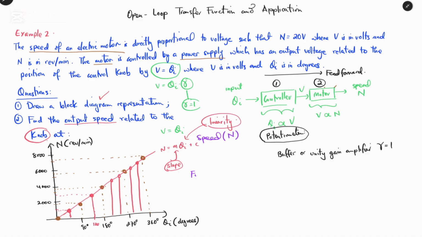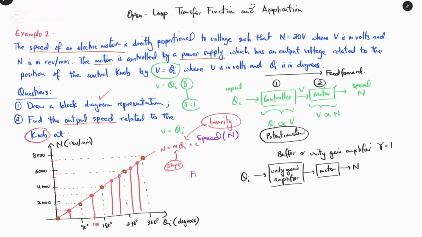If we are to draw the circuit itself, we can have theta I, which is the knob, to the unity gain amplifier, and to the motor, and we have the speed, which is n.